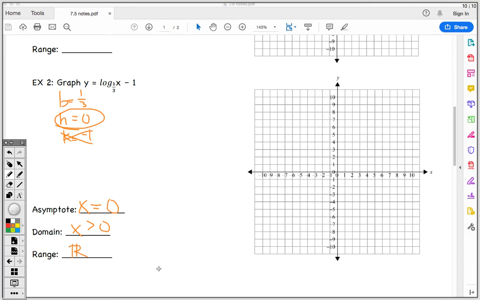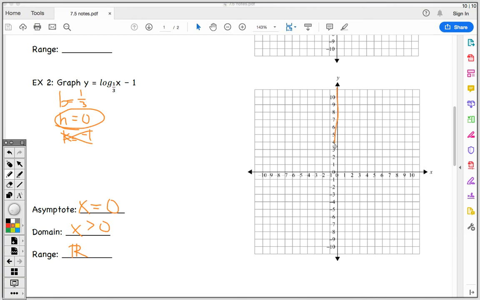Now, what does the graph look like? Remember, it said if it's between 0 and 1, it goes down and to the right. It's approaching 0, so the asymptote is located at x equals 0.